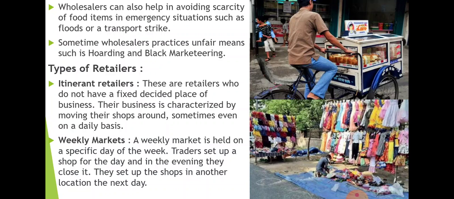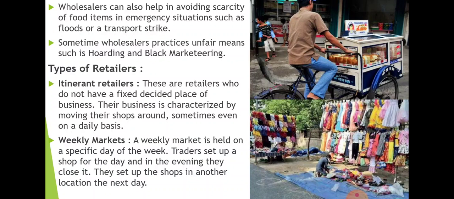The products which we purchase from the weekly market or the itinerant retailer are cheaper than the products that we purchase from the fixed shop, because the fixed shop has to pay rent, pay their workers' salaries, electricity bills and other expenses. So they take profit on the product on a very high scale.